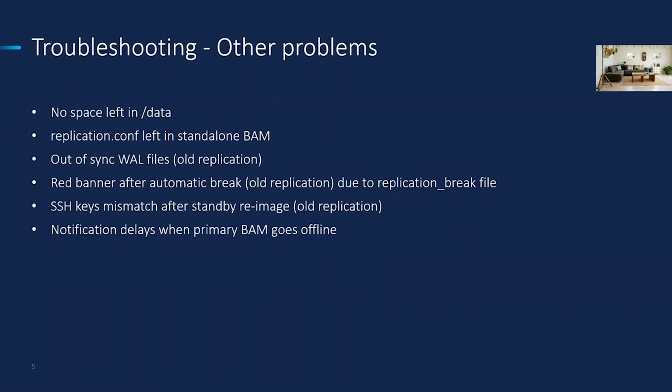Make sure the SSH keys match if you re-imaged any of your BAM servers, and there could be notification delays when the primary BAM goes offline. So while creating the replication, make sure both your BAMs are up and running.